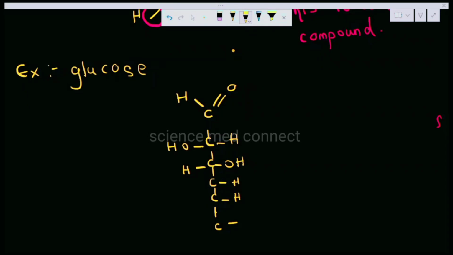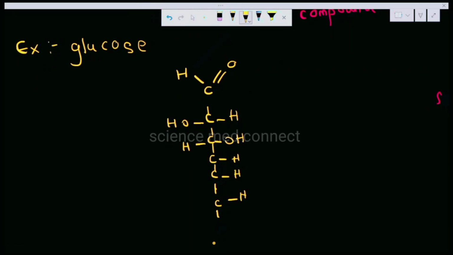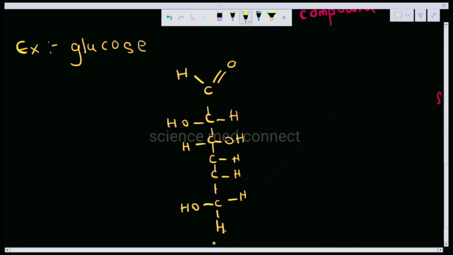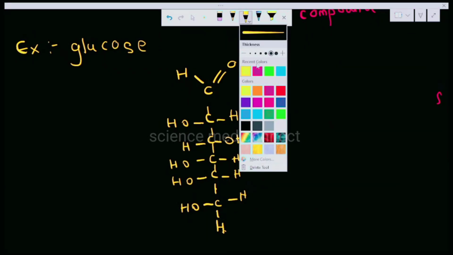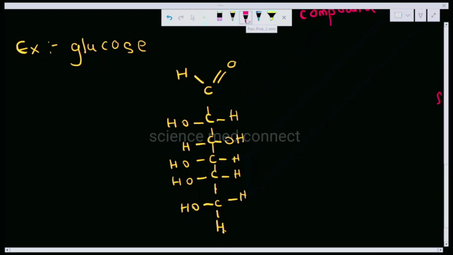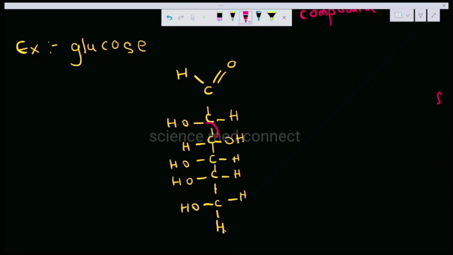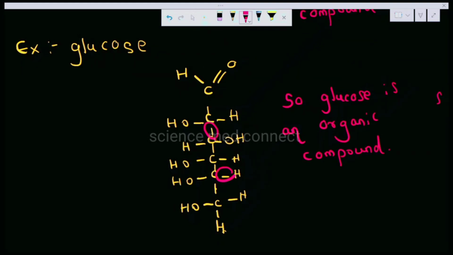In this structure you can see covalent bonds between carbon to carbon atoms and carbon to hydrogen atoms. So we can say that glucose is an organic compound because it contains covalent bonds between carbon to carbon or carbon to hydrogen atoms.